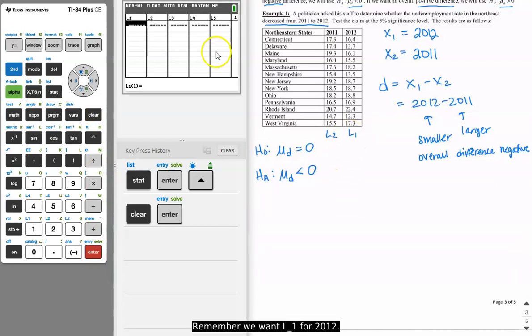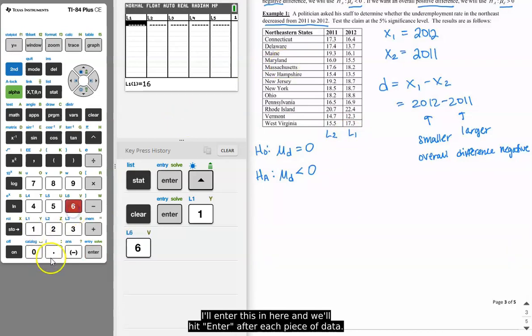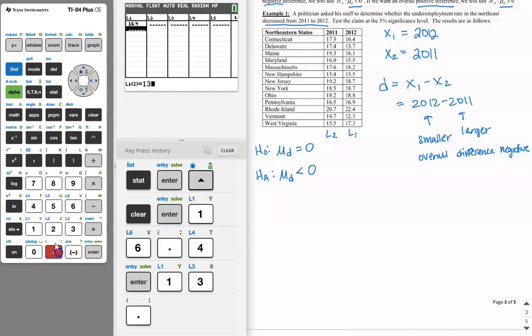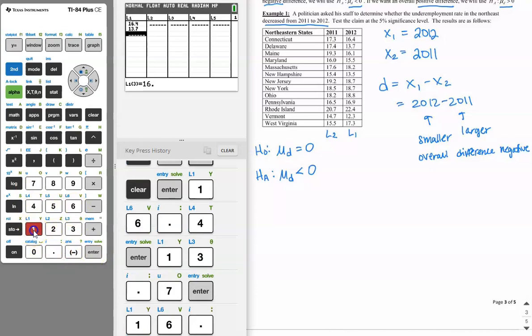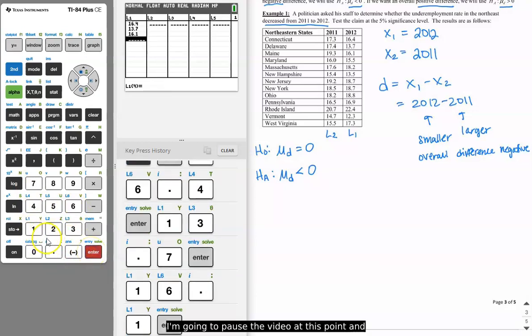Remember, we want L1 for 2012. So I'll enter this in here, and we'll hit enter after each piece of data. I'm going to pause the video at this point and enter this into my calculator. You can pause the video here and do the same, and then I'll be back in just a minute.